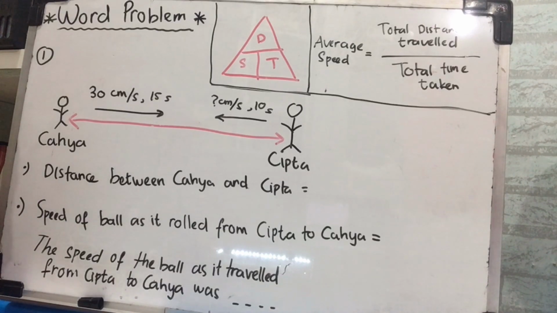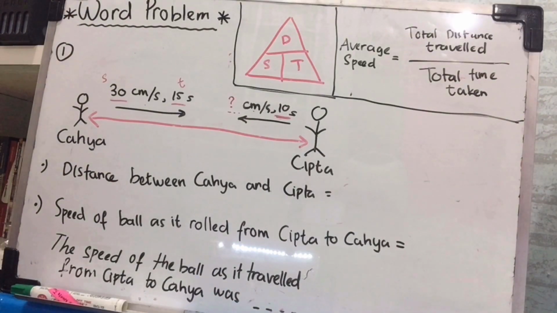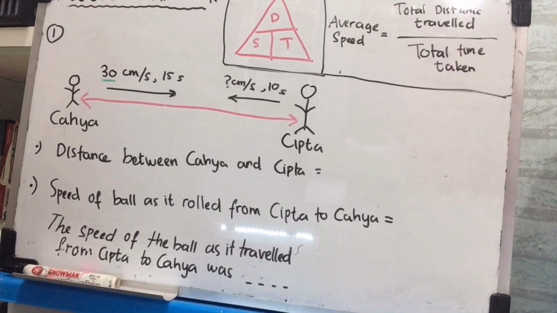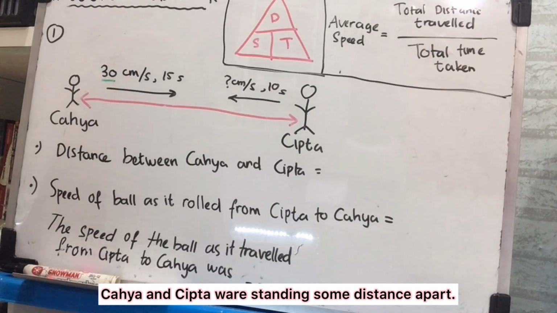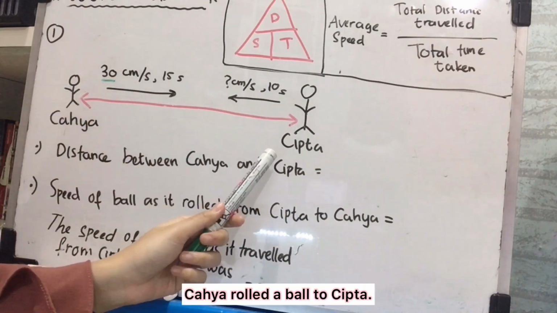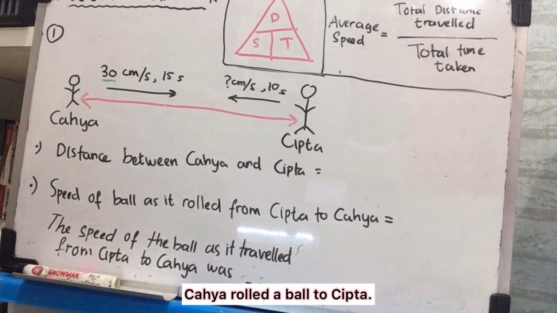The first, let's look at page 200, number 1. Cahya and Cipta were standing some distance apart. Cahya rolled the ball to Cipta.